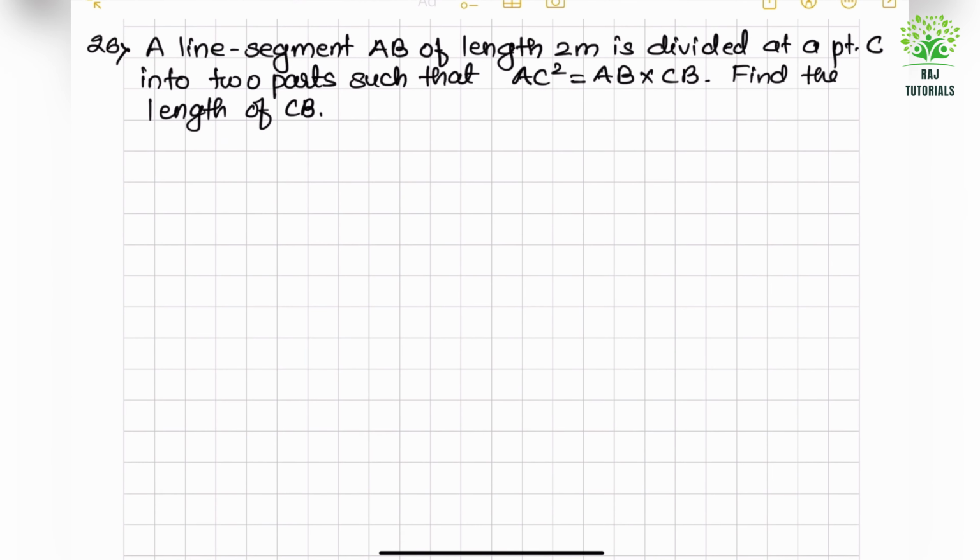Now the next question says a line segment AB of length 2 meter is divided at a point C into two parts such that AC square equal to AB into CB. Find the length of CB. So let the length of AC be x.